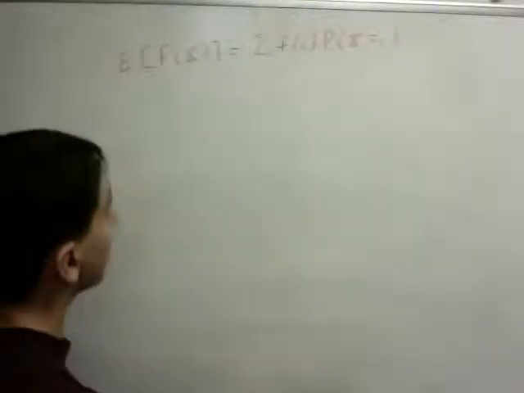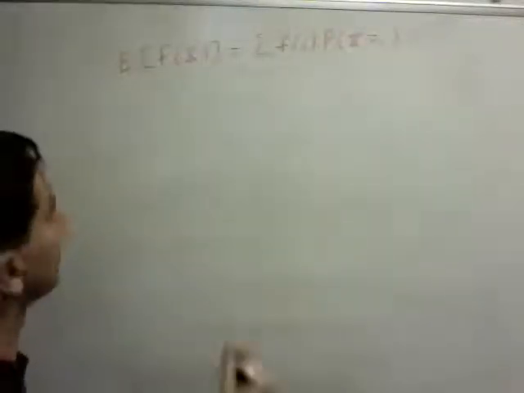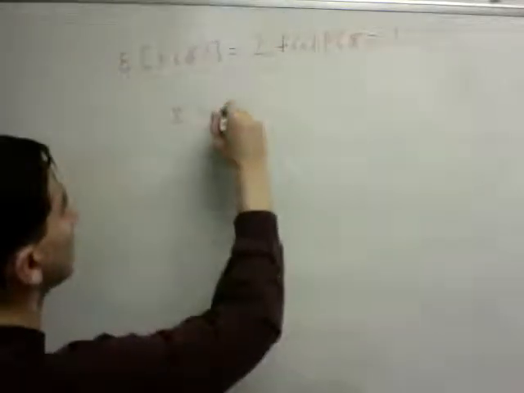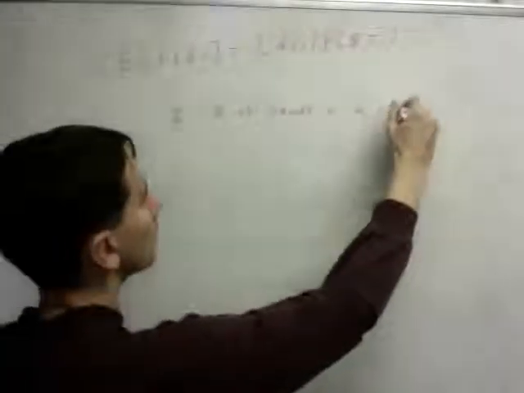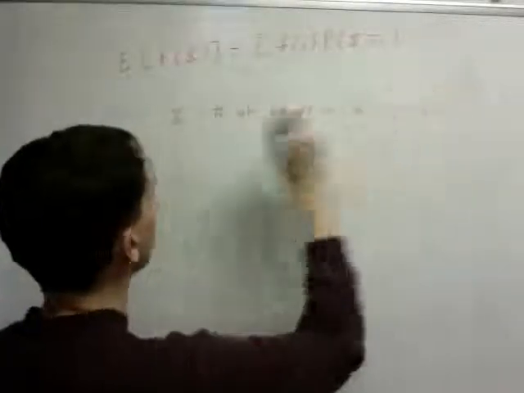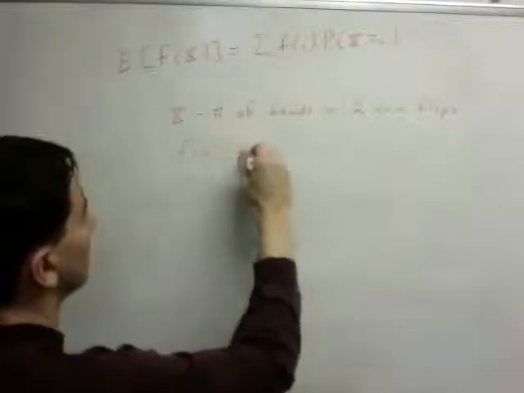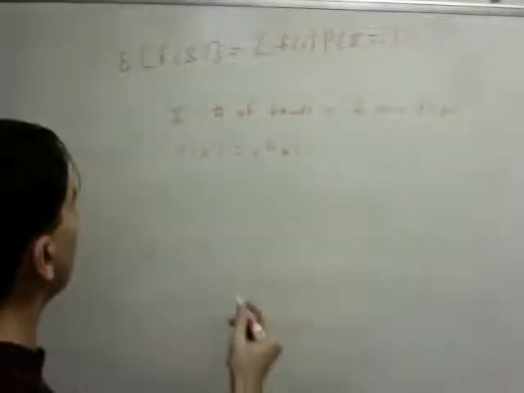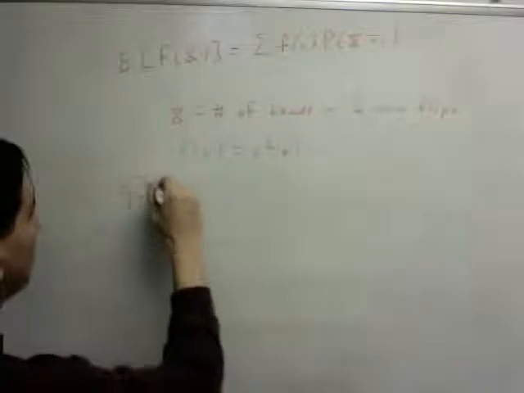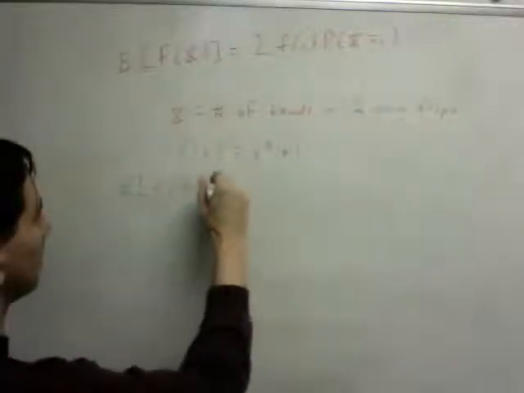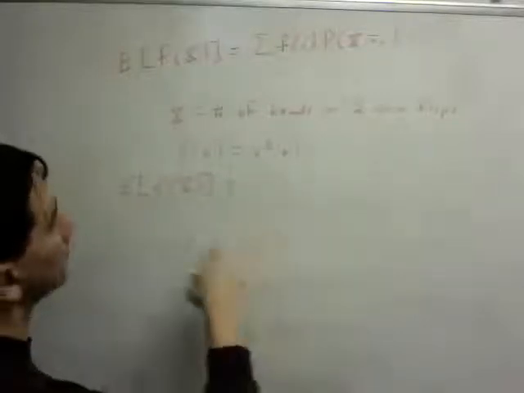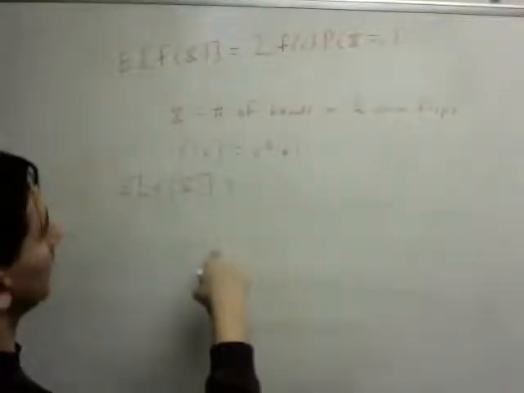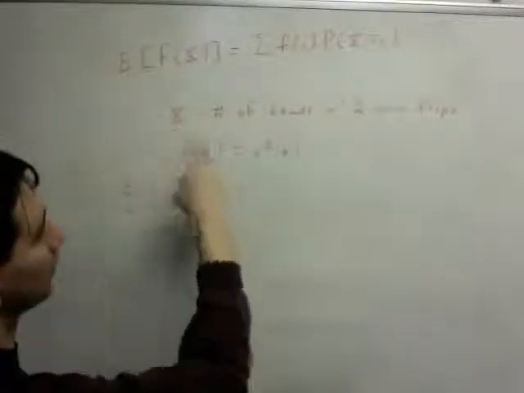So if we wanted to compute the expected value of f of x in our previous example, so x is the number of heads in 2 coin flips, and we just said f of x was x squared plus 1. Then the expected value of f of x, here this is the random variable x, not the little x, is equal to, so what could we get? x could have 0 heads, which would make f of x 1.